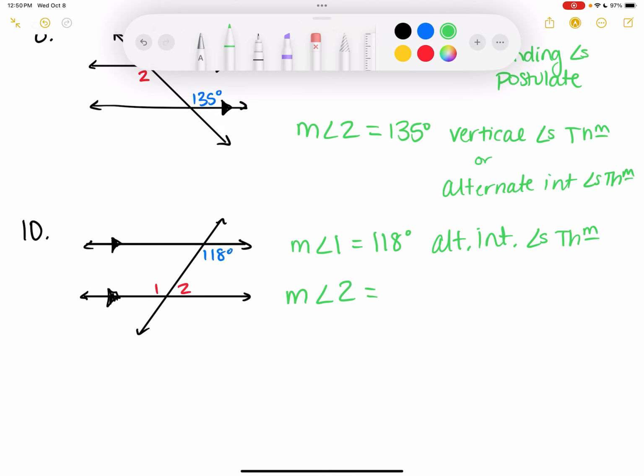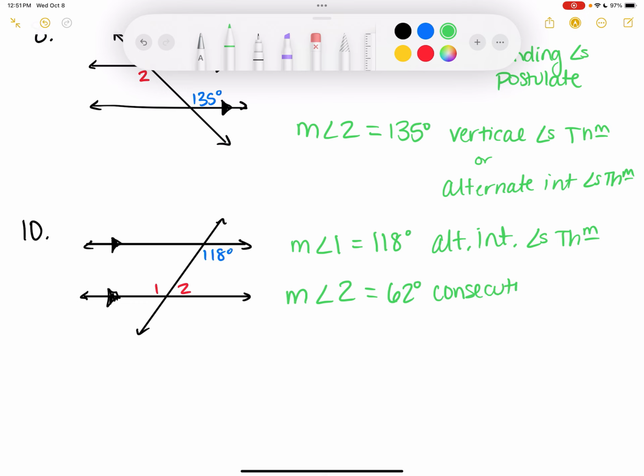What are these called? Consecutive interior angles. So this is where having your theorem and postulate book, or just flipping back and forth if you don't have that book with you, is going to help you, because you have to be able to say the correct thing for it.